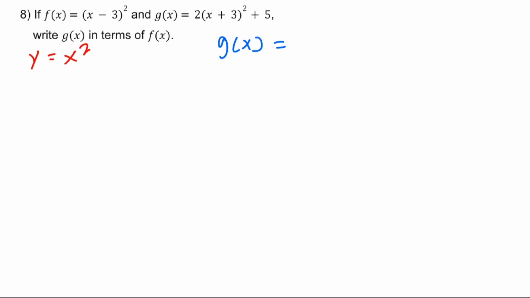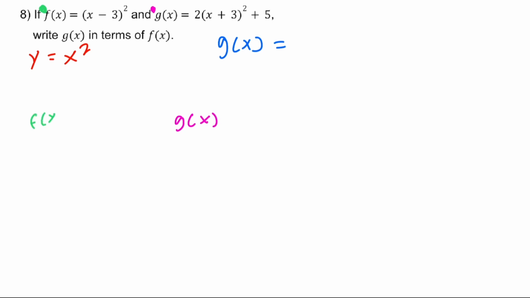And now that our parents match, we can transform f of x to become g of x. I'm going to do f of x in this green, and I'll do g of x in pink. It's going to be g of x over here, and then this over here is going to be f of x.